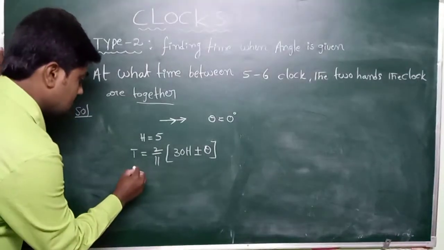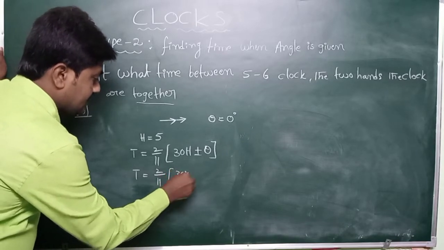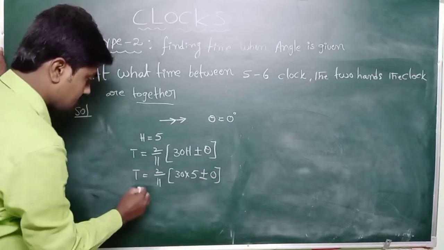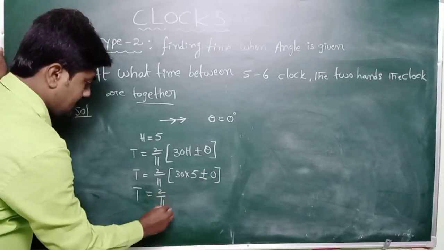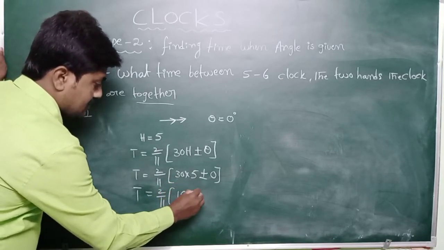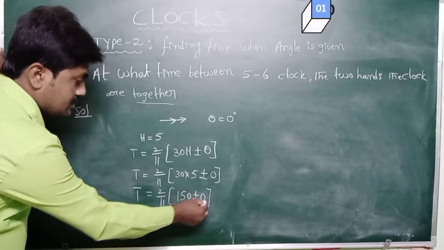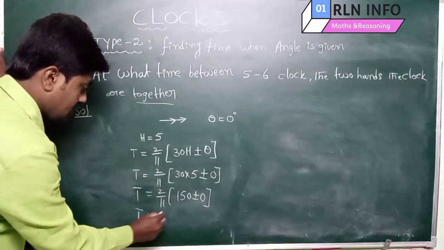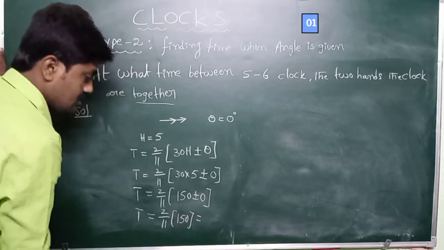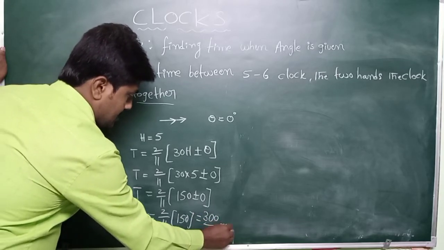So t is 2 by 11 into (30 into 5, which is 150, plus or minus 0). Since theta is 0, plus or minus gives the same. So t is equal to 2 by 11 into 150, which is 300 by 11 minutes.